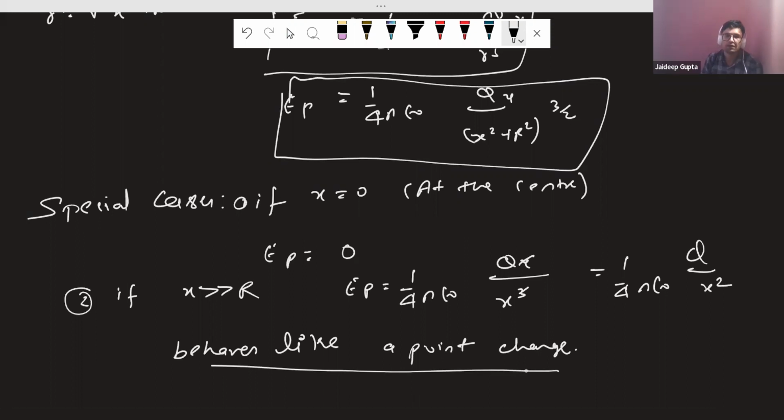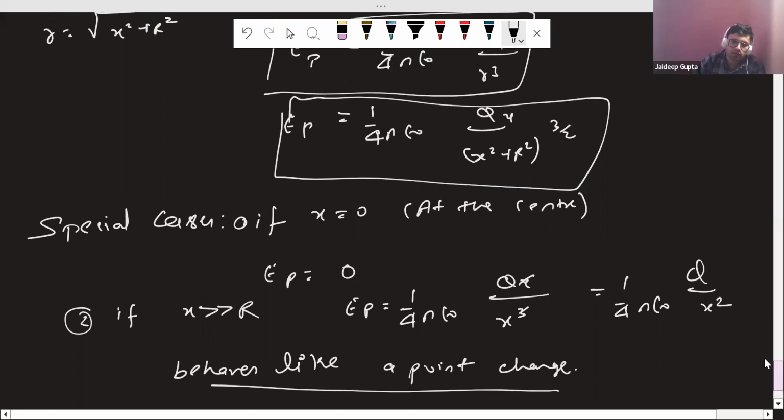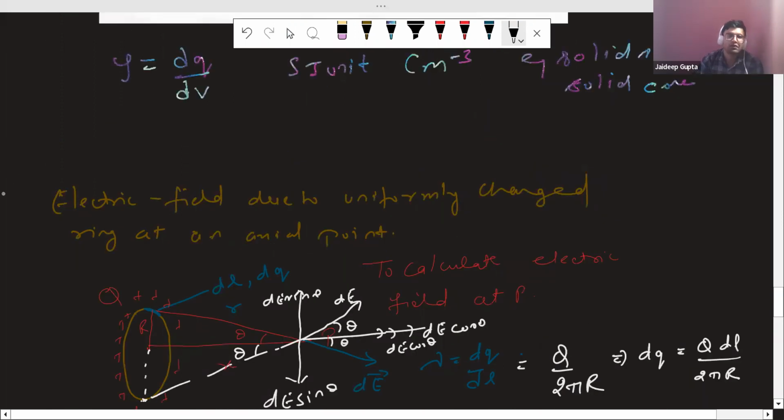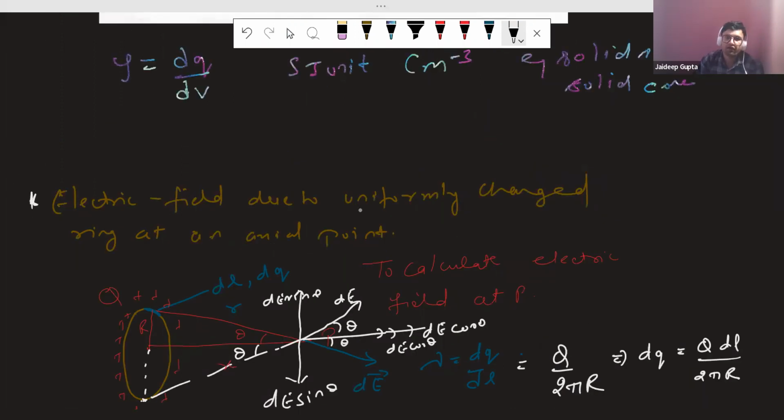Do you have any doubt? I repeat this derivation. Now, electric field due to a uniformly charged ring at an axial point. Fine. Let it be a ring. This is a ring having radius R. Q is the total charge accumulated on its circumference.